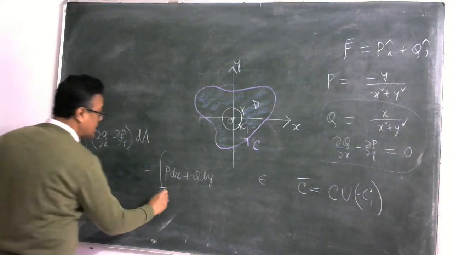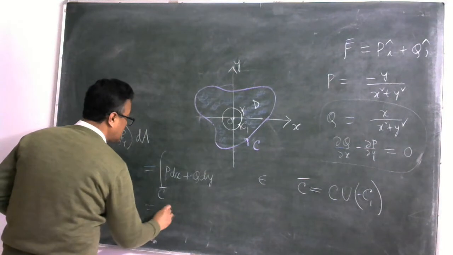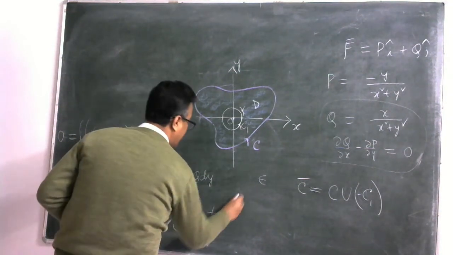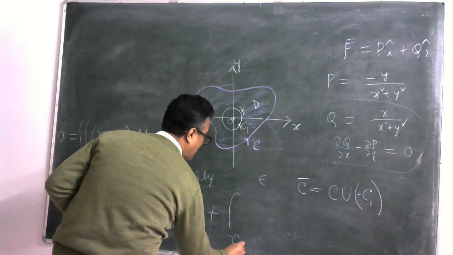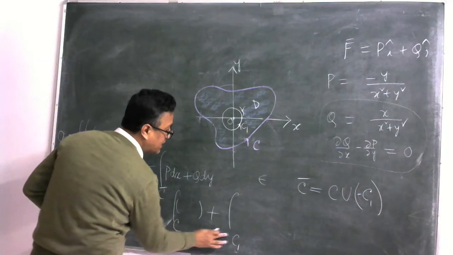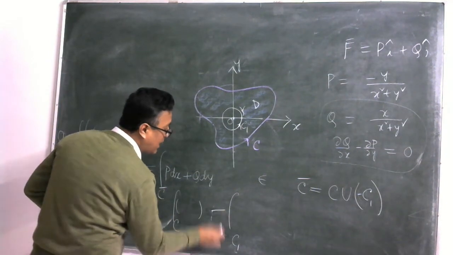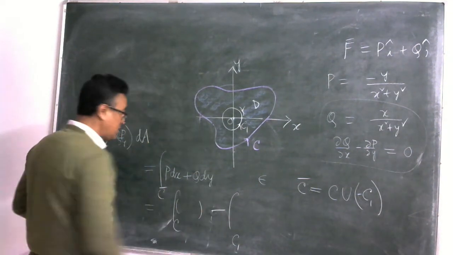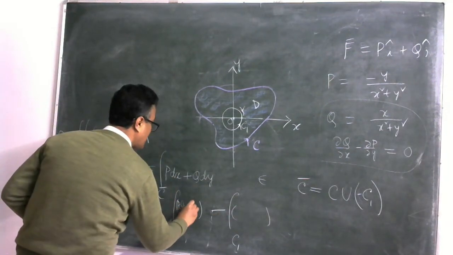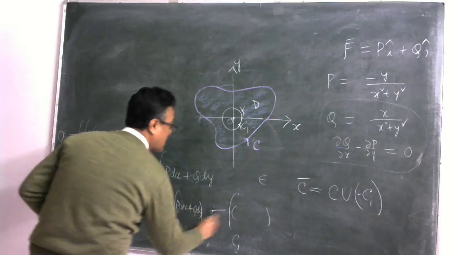And again, here you know that this is nothing but the union of C and minus C1. So eventually this minus C1 I can convert into minus this. Okay, so this is P dx plus Q dy.